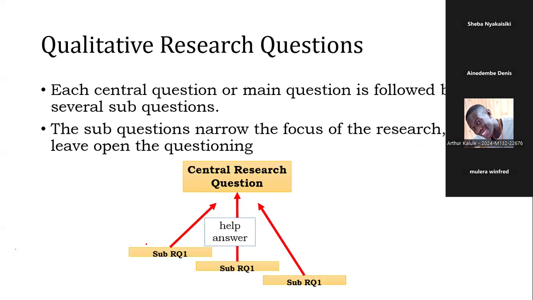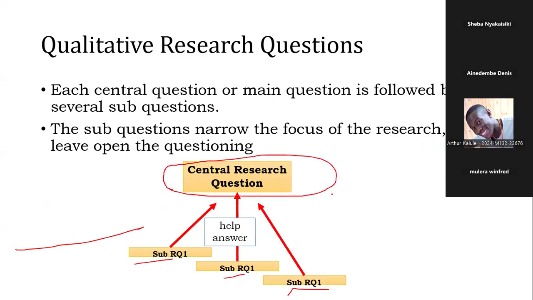So with qualitative research questions, we normally have a central research question and then sub-research questions. Now, as I'm speaking, I don't know if you see already the relationships.